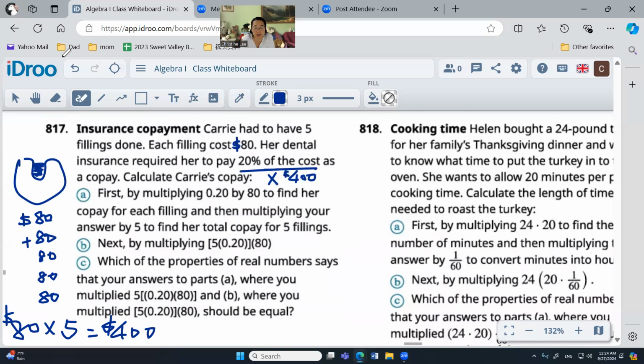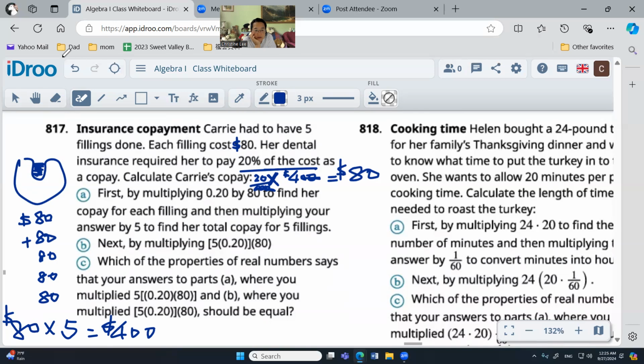And 20% you can write as 20 over 100. So rewrite this as 20 over 100 of the cost, 400. Okay, and 20 cancels with 20. So it's 80. 80 what? $80. Don't forget the unit. What?